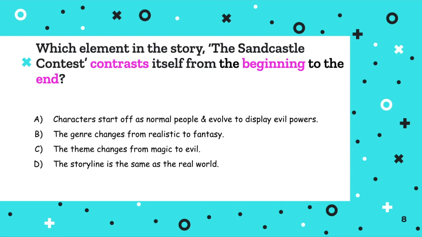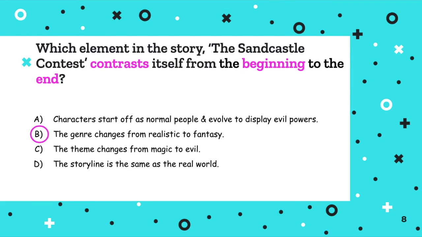Okay, so unfortunately, when you go down to the beach, I don't think you can build a sand house like Matthew did. Do we see evil in the Sandcastle Contest? I don't think so. Okay, so I think the best answer is going to be B.